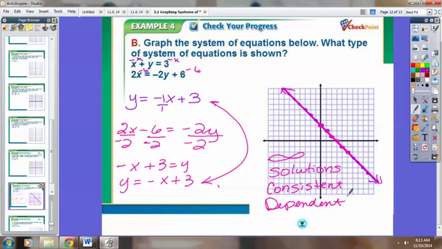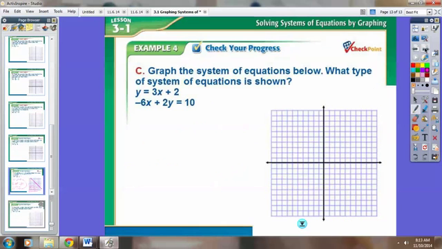Let's do the last example, example 8 in your handout. The first equation you'll see is already in slope-intercept form. So let's plot that. We have a y-intercept of 2 and a slope of 3.